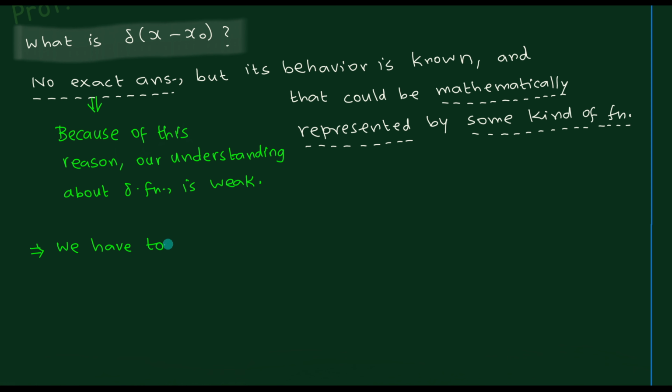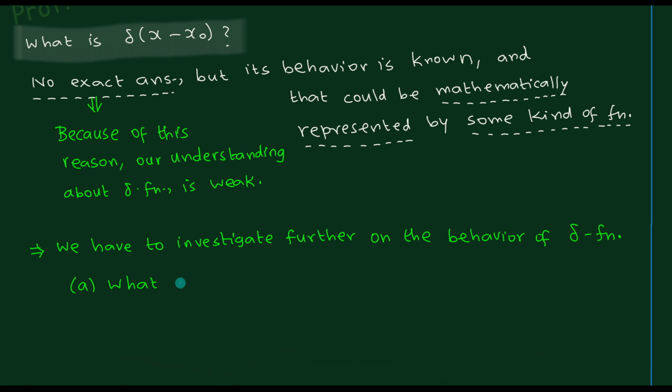You know only some behavior, right? So we have to investigate more on the behavior of the delta function. That is the one that can be done. If you want to understand the delta function better and better, you have to investigate more and more on the behavior of the delta function itself. That is what I am trying to say.